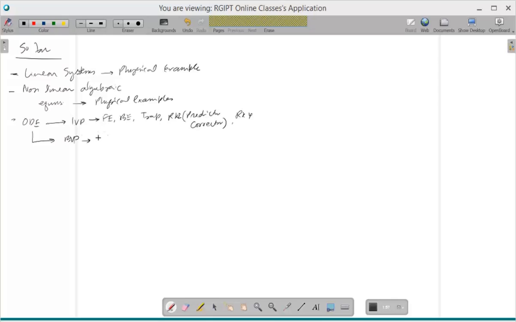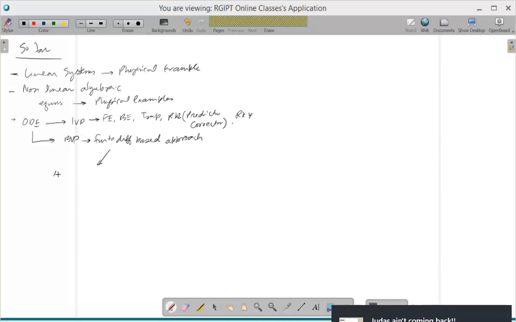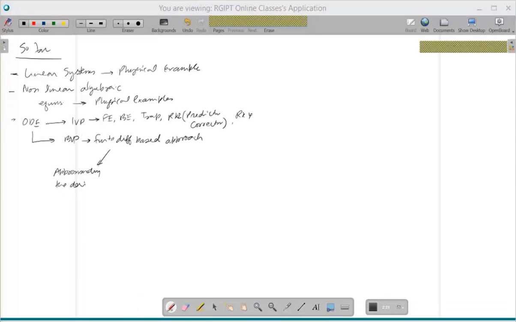Here we look at, of course, the finite difference based approach. I had two kinds of methods. One was based on approximating the derivatives. The second was shooting.